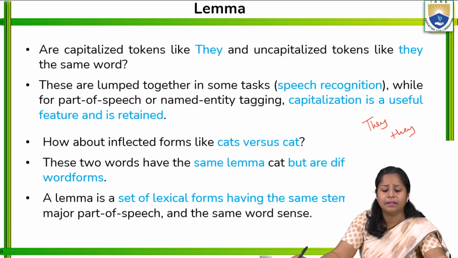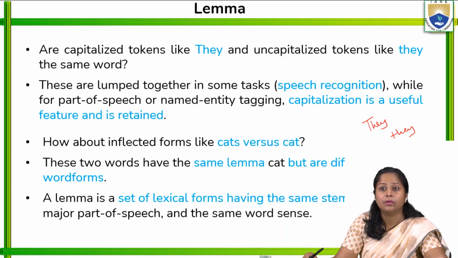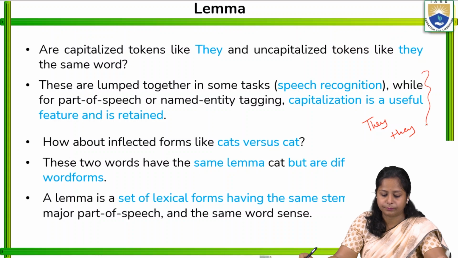These are lumped together in some tasks, depending on the task. If we are doing speech recognition, they will be lumped together, while if we are doing part-of-speech or named entity tagging, the capitalization will be a useful feature and will be retained. So it totally depends on the task we are doing.